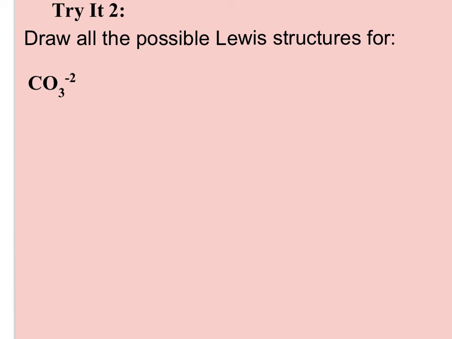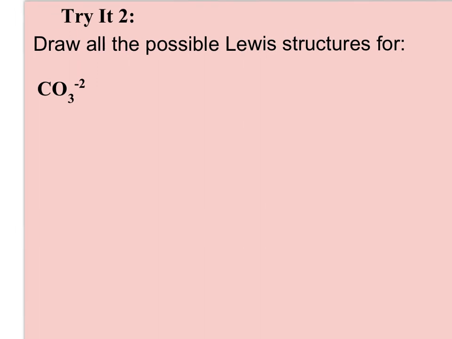And then here's one more for you to try. See if you can draw CO3 with a -2 charge. Look at this. I've got 4 electrons from the carbon, 6 from each oxygen, and then they've picked up 2 from some metal. So I've got a total of 3 times 6 is 18, 20, 24 electrons.